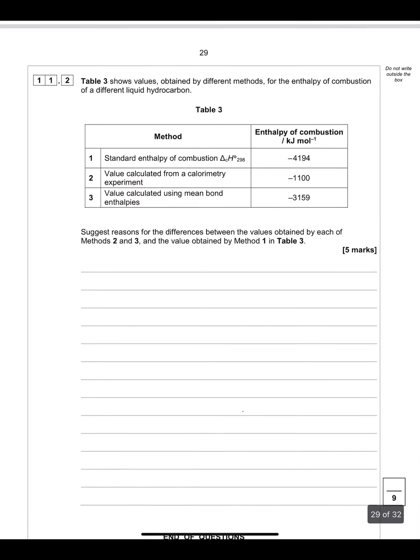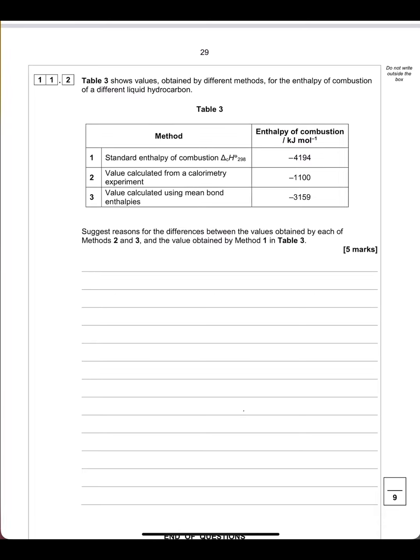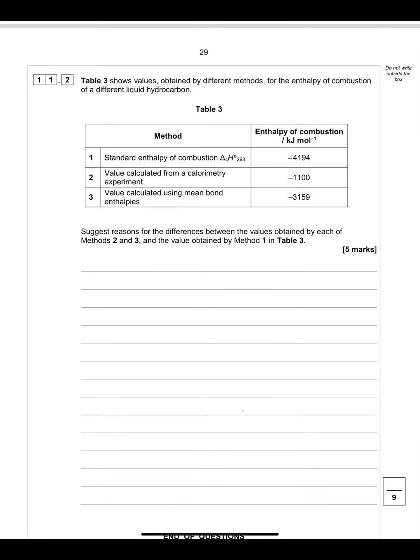Then the final question in this paper, they give you a table, and the table shows the standard enthalpy of combustion obtained for a liquid hydrocarbon without naming that liquid hydrocarbon. And this is the value minus 4194, and the value calculated from a calorimetry experiment, which is minus 1100. You can find that it's much less than the standard enthalpy of combustion.